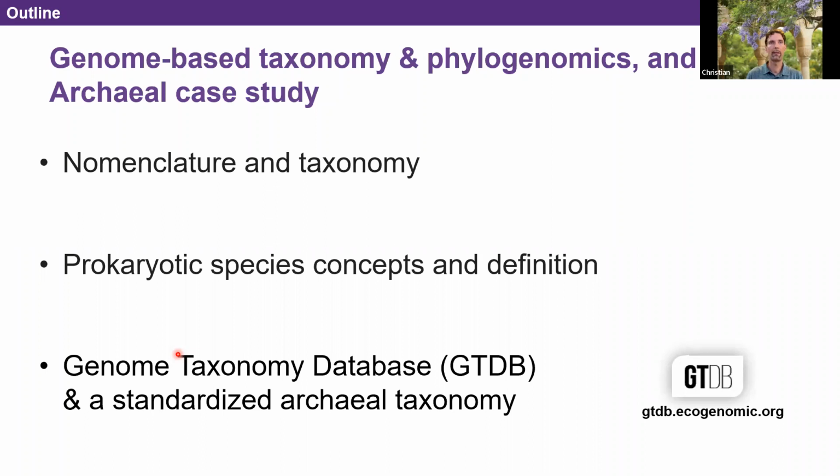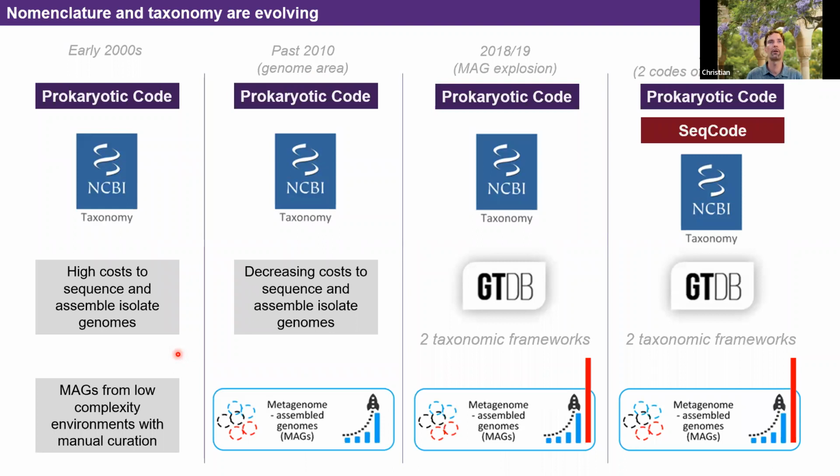Okay, let's dive into it. This slide is an overview that shows you that nomenclature and taxonomy are not static concepts, they are actually evolving over the years. If you look here on the left, let's start in the early 2000s. For the nomenclature, we have the prokaryotic codes. And as taxonomy resource, we have NCBI.